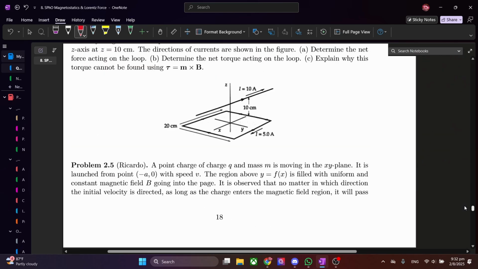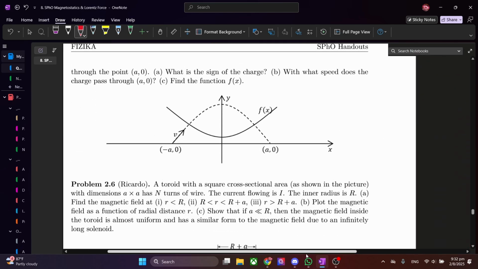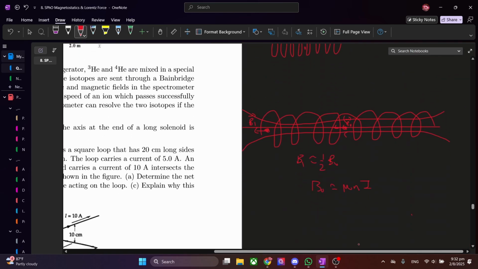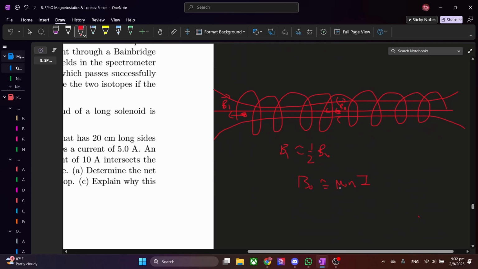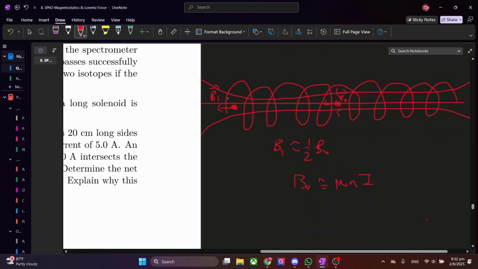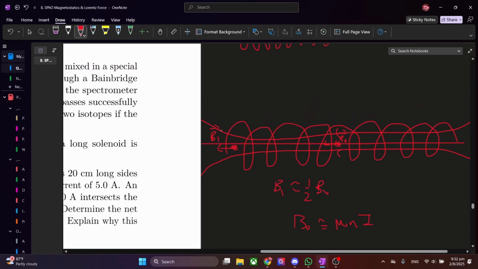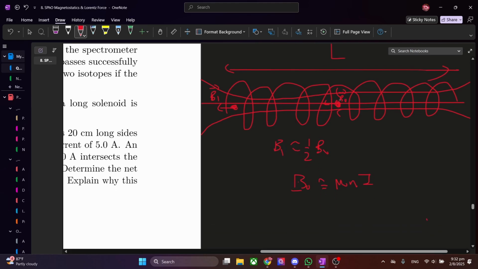And if we have a long one, then it's approximately this value lah, if we take it at the center. At the outside, the issue is that there are edge effects, so you can't really apply this formula exactly the same, because your field lines are going to come out lah. But at the center, if it's really long, then I think it is safe to say that your magnetic field at this center here is mu naught n I. And I hope everyone agrees with what I'm saying lah.